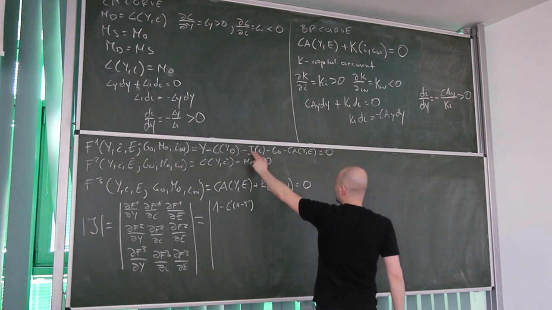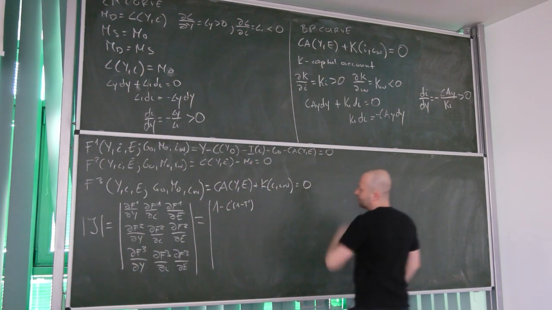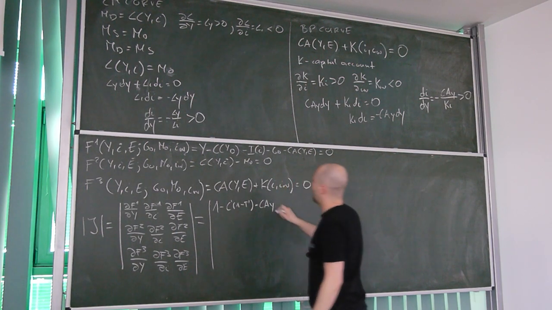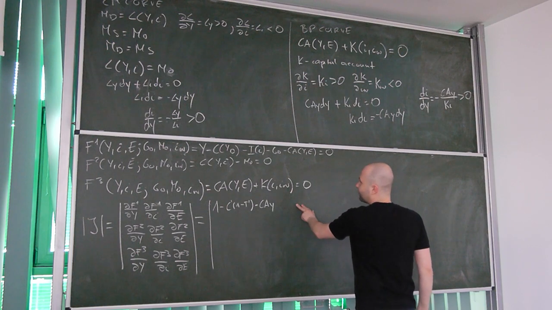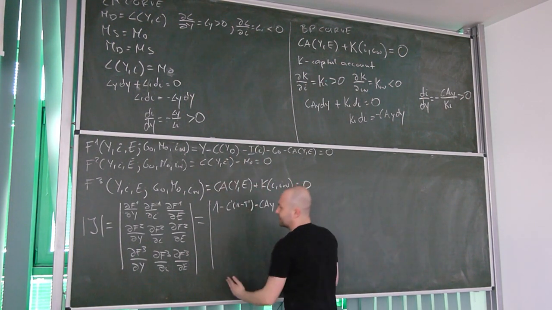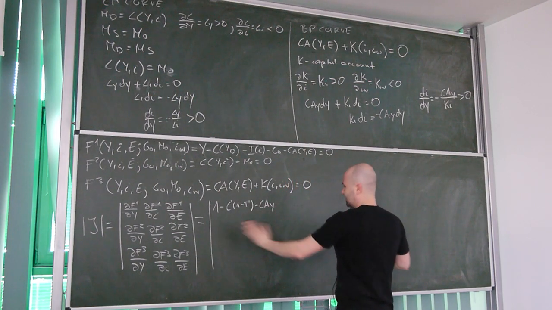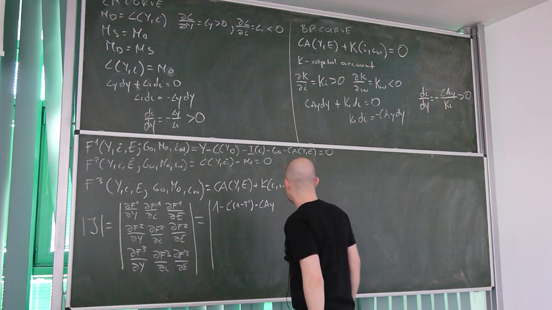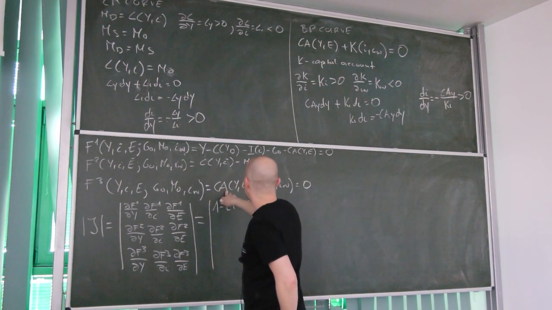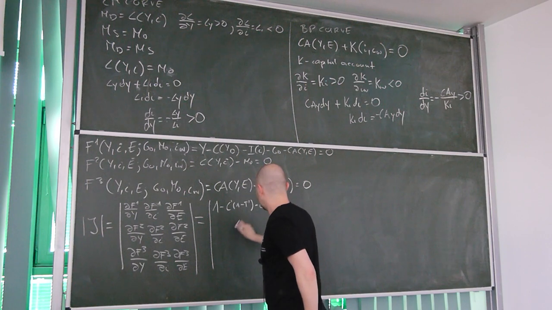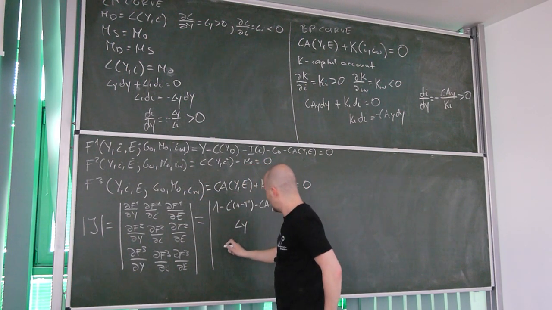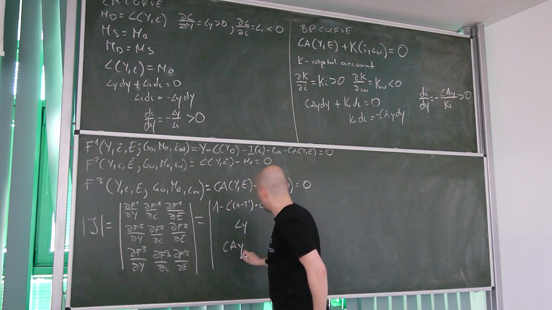Then y doesn't appear anywhere except here, and this is simply minus CAy. Then I differentiate the second equation. I can just get Ly, and for the third equation again CAy.